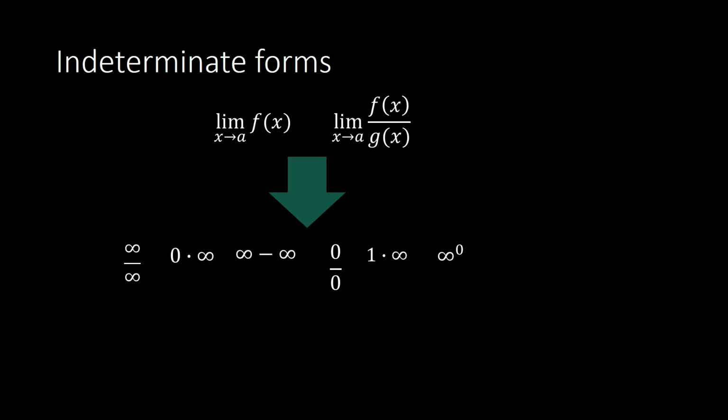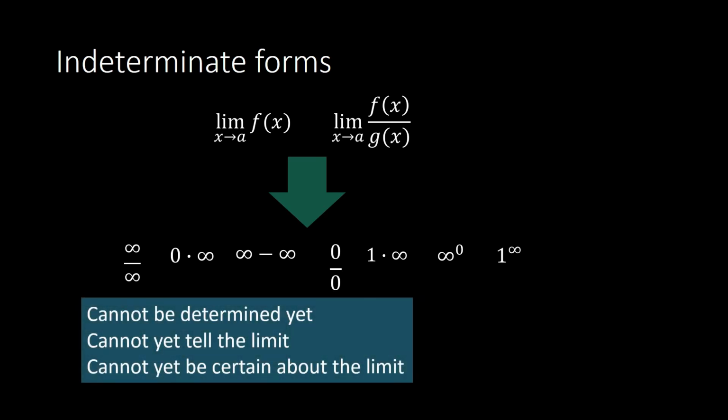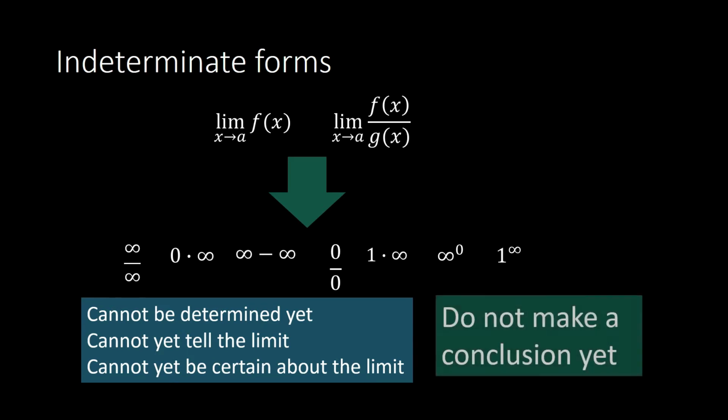So when you say the form of your limit is indeterminate, that means you cannot yet determine the limit of the function. You cannot yet tell the limit. You cannot yet be certain about the limit. And so you must not rush into making a conclusion about the limit of your function.